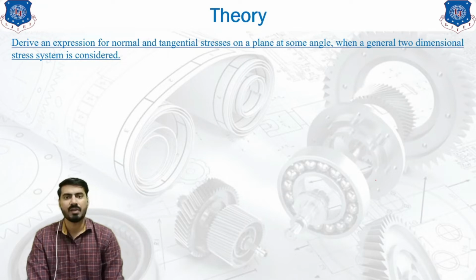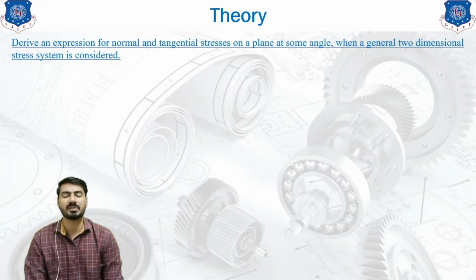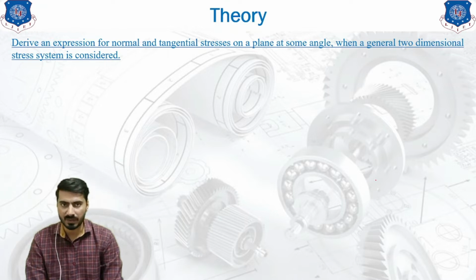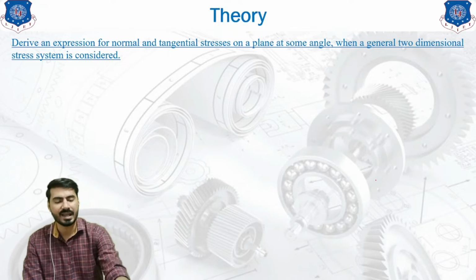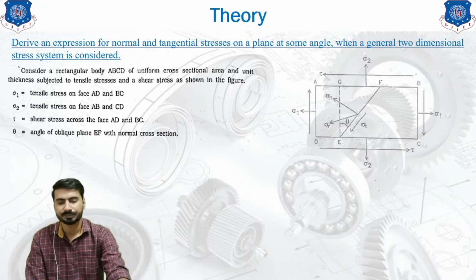So this way, we are going to derive an equation in a general manner. Otherwise, whenever we derive an equation for one particular stress, it will not be applicable for the practical application where a single stress is not applied. So let's see our diagram of the body.